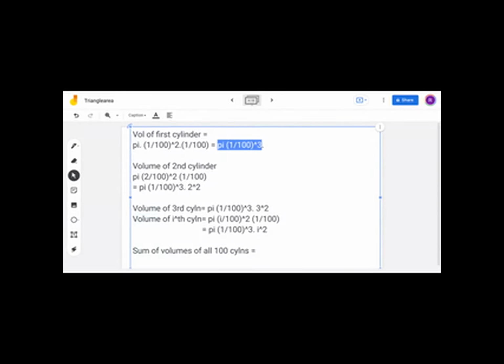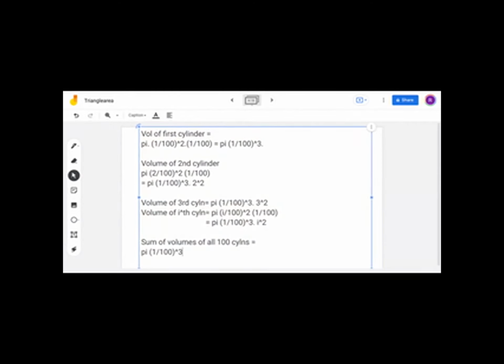So I'm adding this, plus the same thing times 2 squared, plus the same thing times 3 squared, like that, all the way to 100 squared.